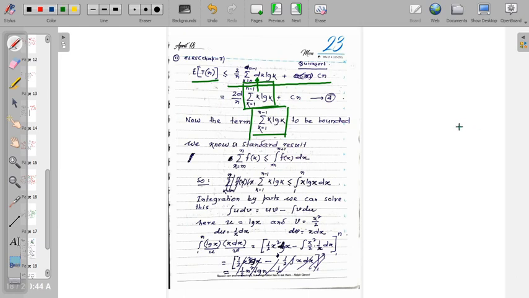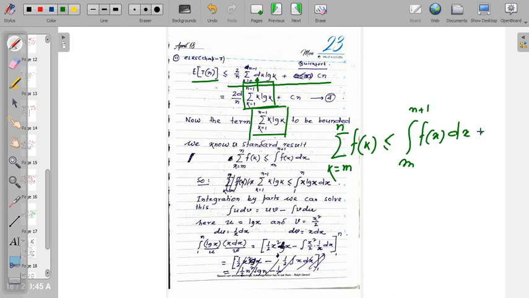Now this term we will be bounding by algebraic manipulation as well as with the help of integration. So this is the formula: the summation k equals m to n of fk we can approximate with this integration, m to n plus 1 of fx dx.